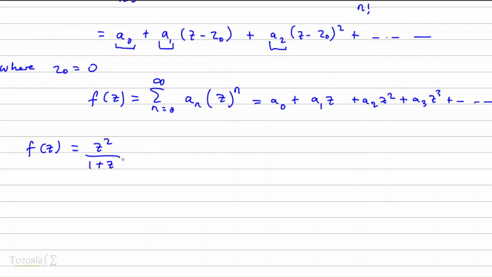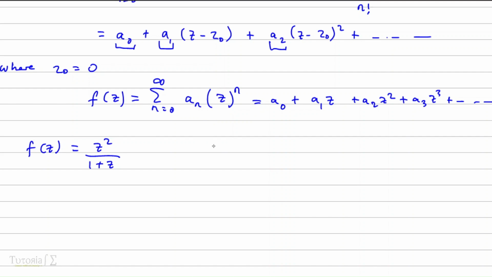Now, whenever you're given a function that has a quotient like this, you can easily manipulate it to find a sum that looks like this, because you know of a sum that looks like this, and this sum is known as a geometric series.